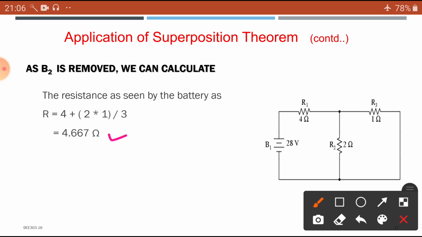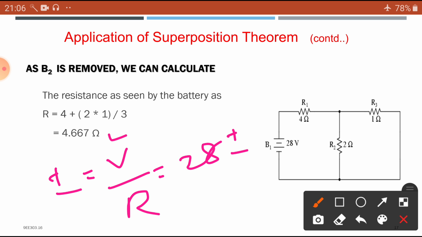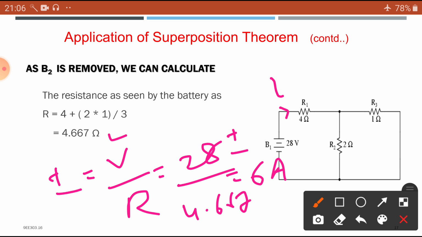Now I want the current. I is equal to V by R, so 28 divided by 4.667 gives nearly 6 amperes. So 6 amperes of current is flowing from the B1 source only.